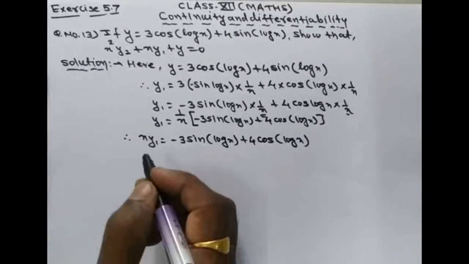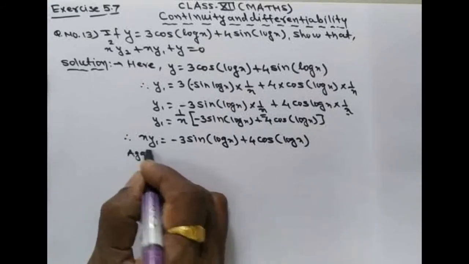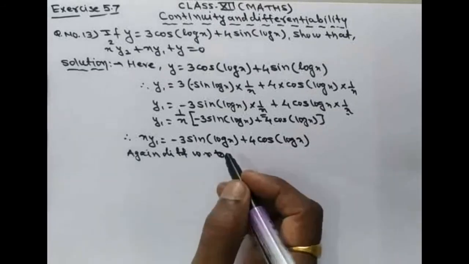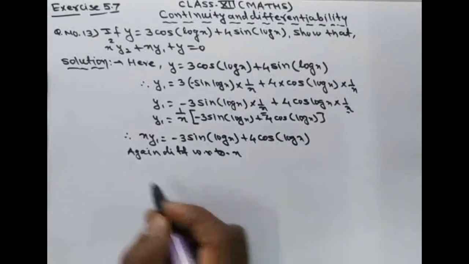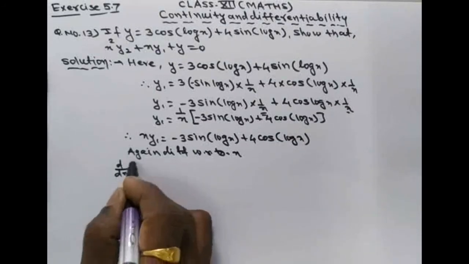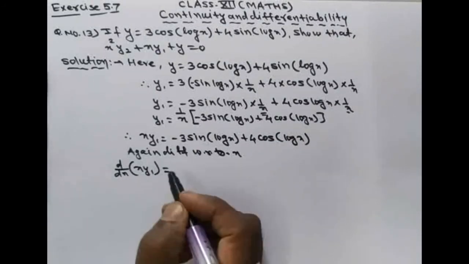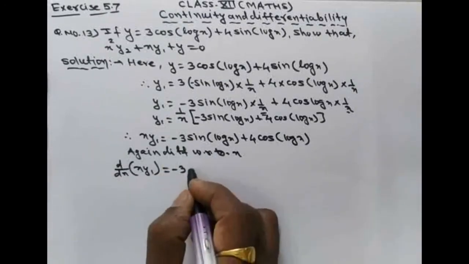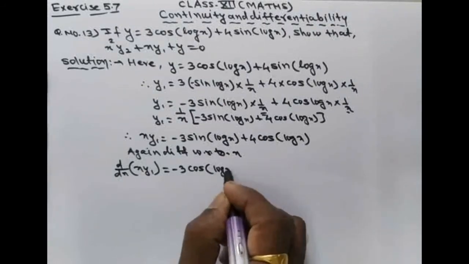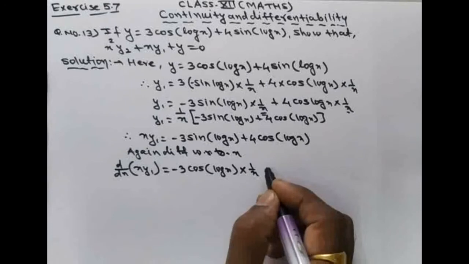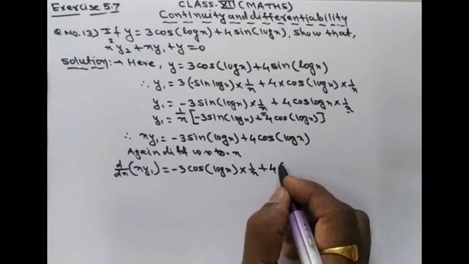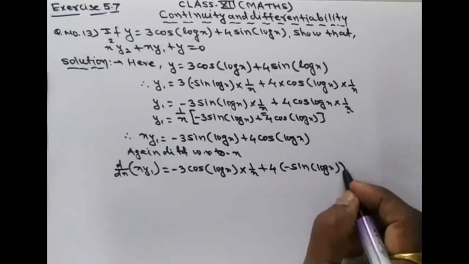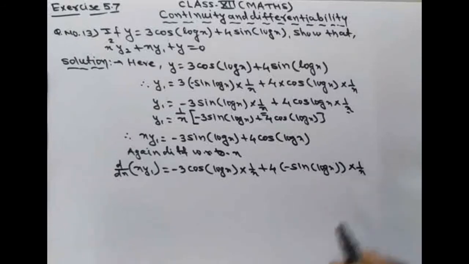Now differentiating this again with respect to x. So take the derivative of x into y1. Here the derivative will be minus 3 as it is constant, sin of log x, derivative will be cos of log x into derivative of log x is 1 upon x, plus 4 is constant number, cos of log x is minus sin log x into derivative of log x is 1 upon x.